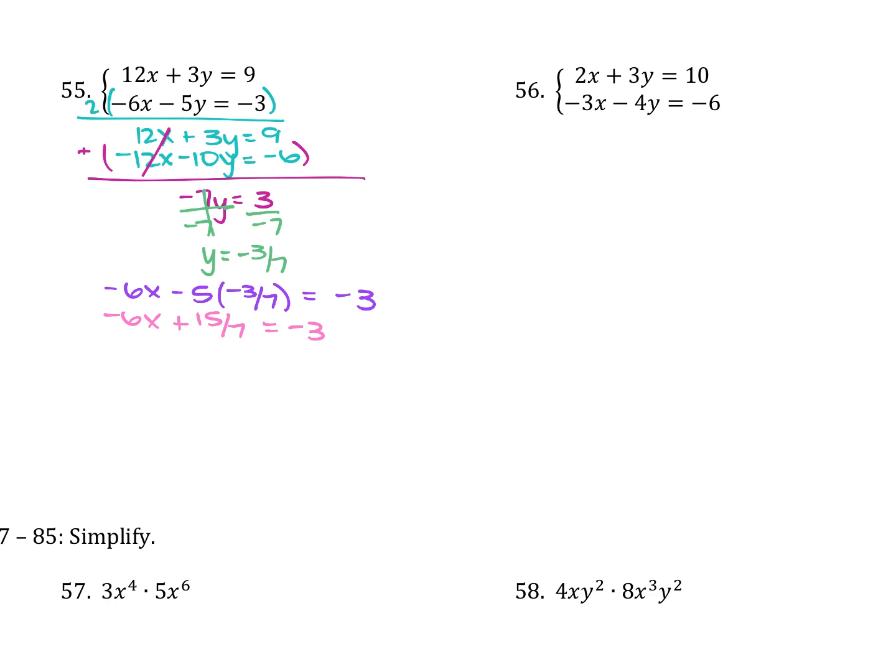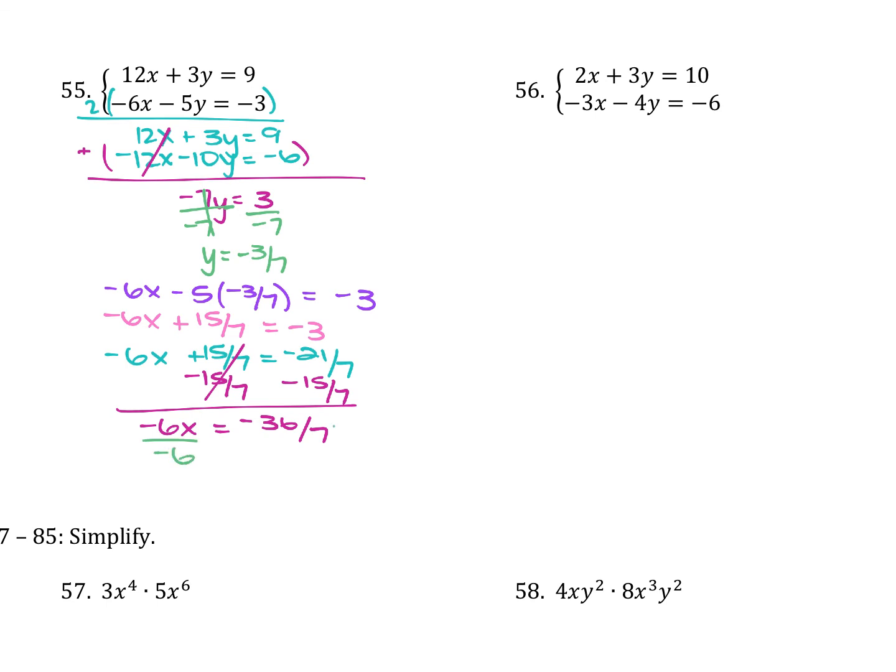That negative 3, in order to be subtracted or added with that 15 over 7, has to be written as something over 7. So we're going to rewrite this again as negative 6x plus 15 over 7 is equal to negative 21 over 7. From here, subtract your 15 over 7 from each side. This gives us negative 6x is equal to negative 36 over 7.